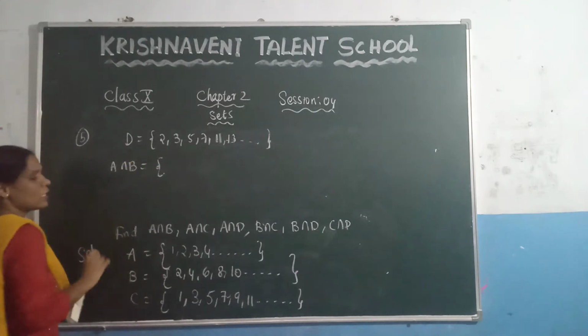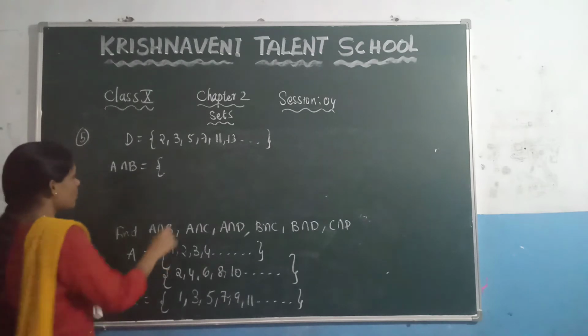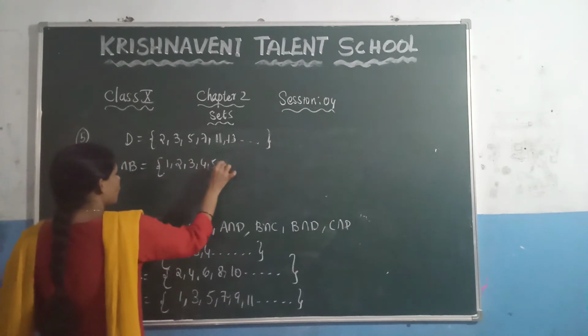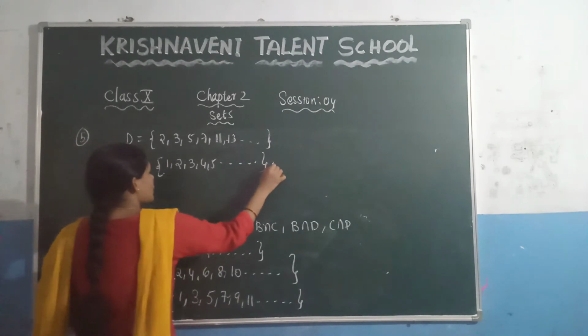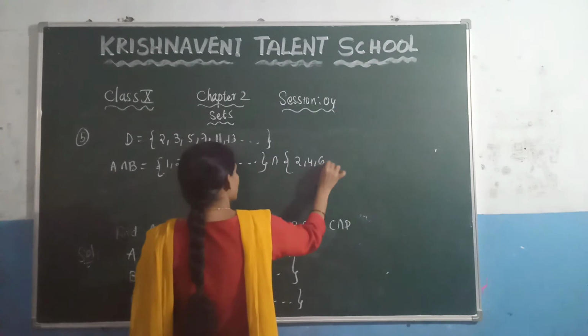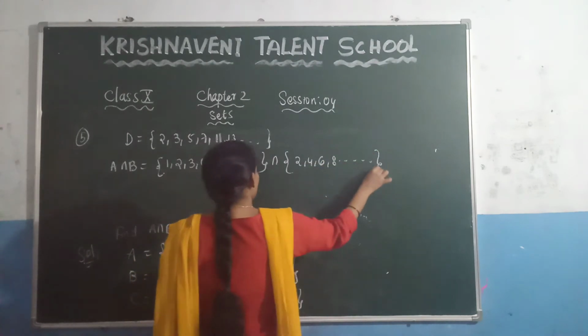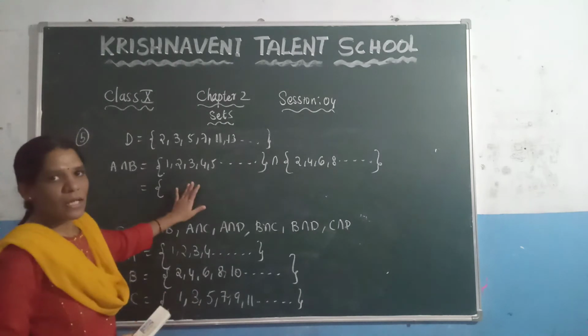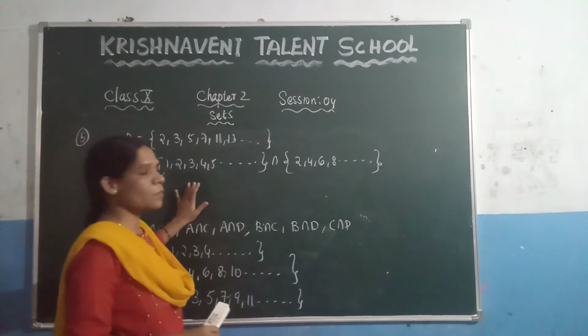So what is A? It is nothing but the set of the natural numbers, which is 1, 2, 3, 4, 5 and so on. Intersection, what is B? It is the even numbers 2, 4, 6, 8 and so on. So you need to write the common elements that are present in A and B. What are the common elements present in A and B?